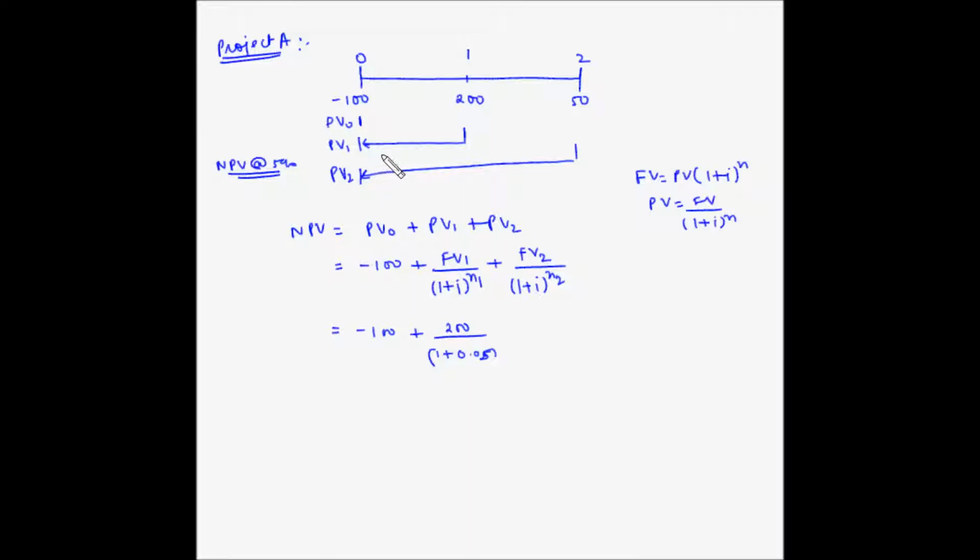Now PV1 is being discounted for 1 year, so n1 is 1, plus FV2 is 50 divided by (1 plus 0.05) square, because PV2 is being discounted for 2 years. So now this is equal to minus 100 plus 200 divided by 1.05 plus 50 divided by 1.05 square.